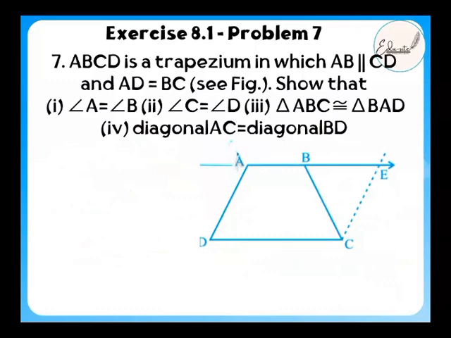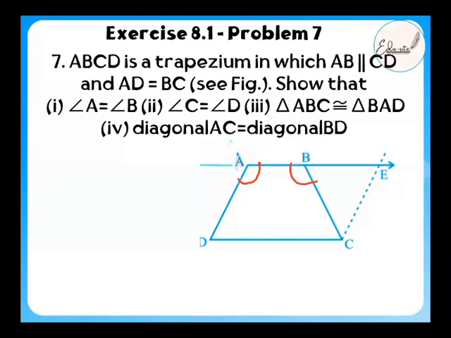Okay. The next question. Angle C is equal to angle D. How will you prove it, beta? It is already given that angle A equals angle B, that we have already proved.